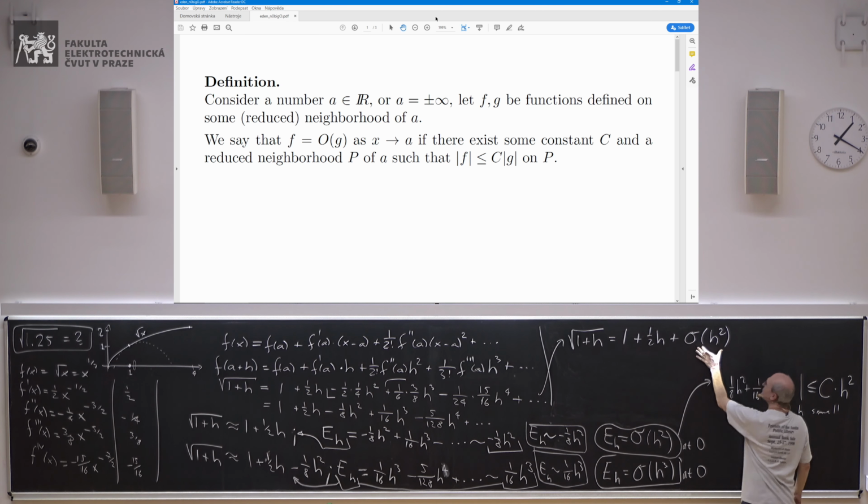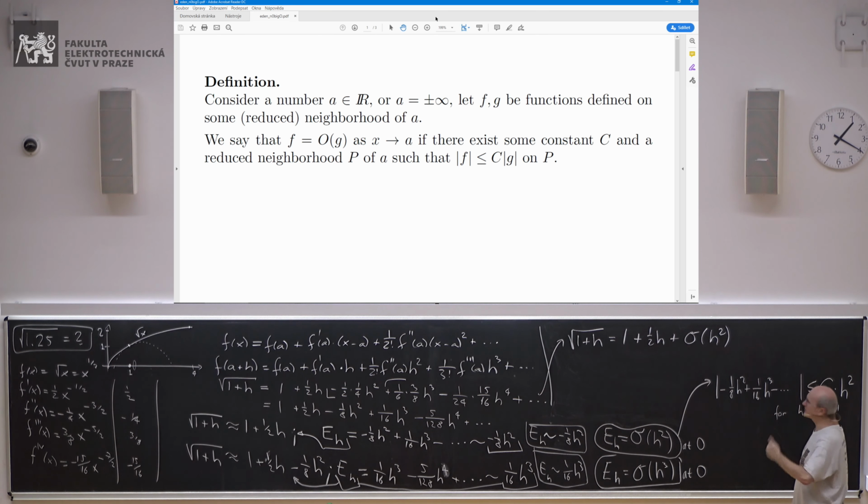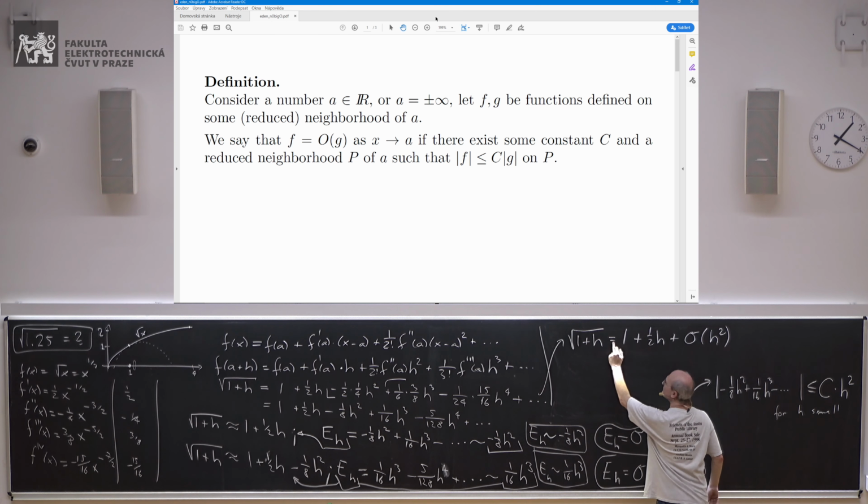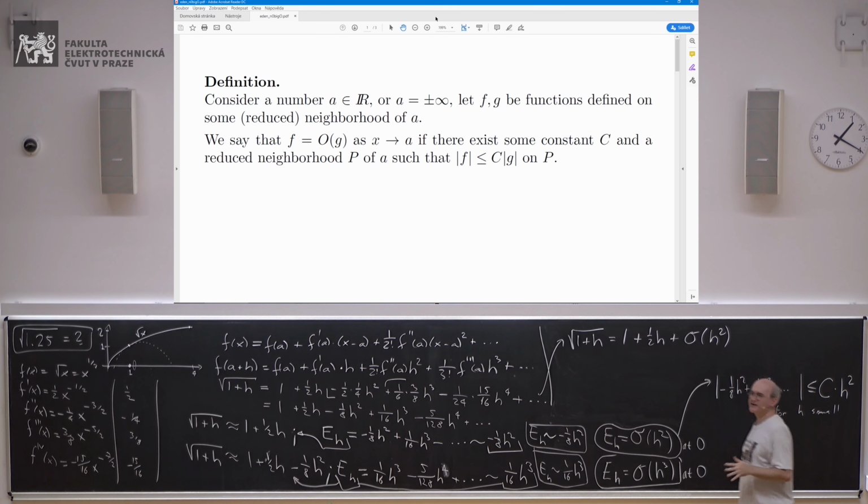And then there is some error term which is dominated by h squared. So you get perfect information all in one package. And now this is a proper mathematical equality. This is appropriate notation. So this capital O is actually allowing you to do imprecise calculations in a precise way, which sounds like a contradiction, but it's not.